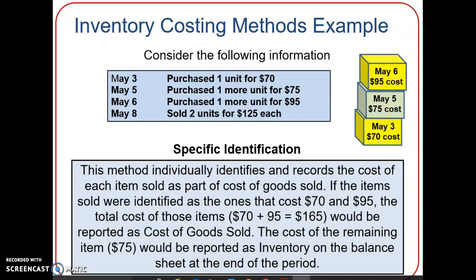So that's problem solved, because we want to find out what's the cost of the COGS, what's the cost of the ending inventory, by specifically identifying every inventory item in the system, whether we purchase, receive, or have them returned, or sell them out to customers. We solve that problem.